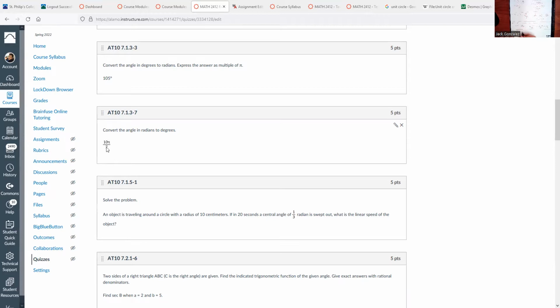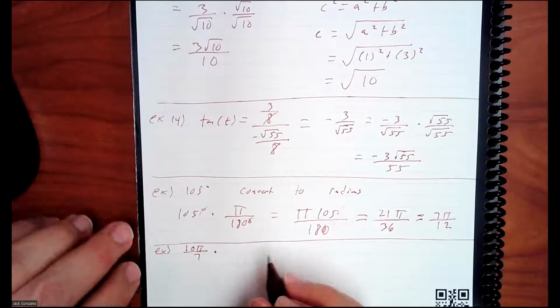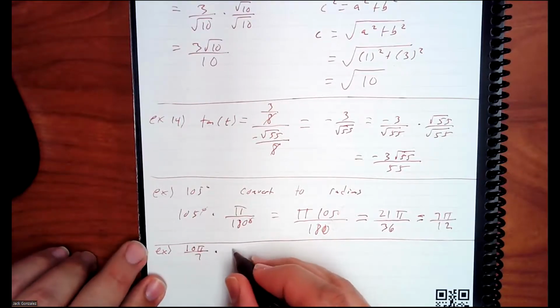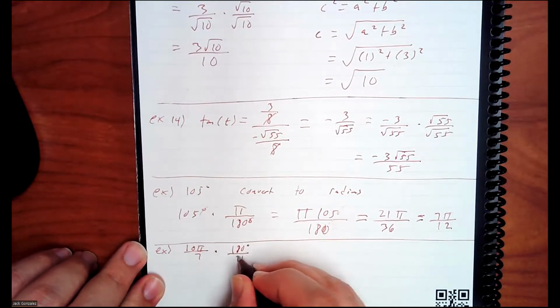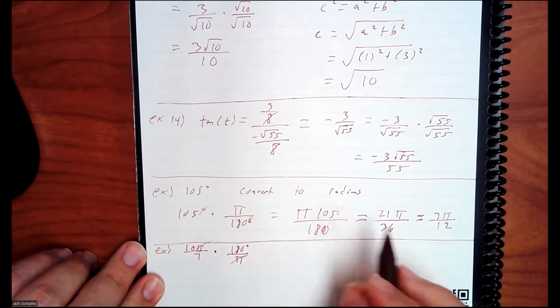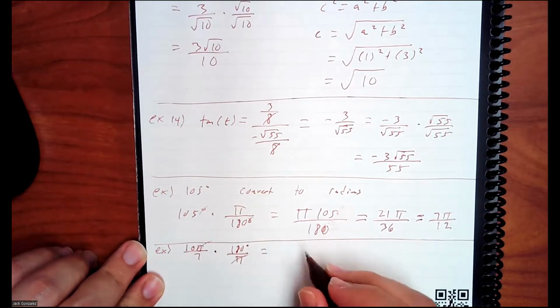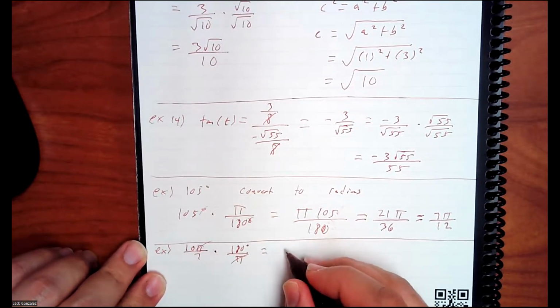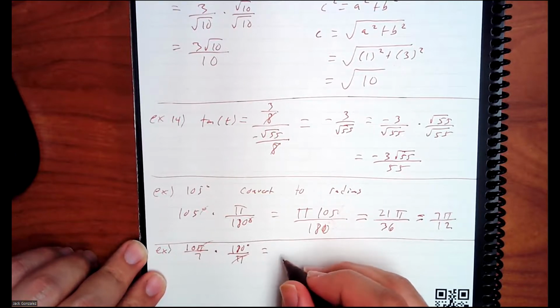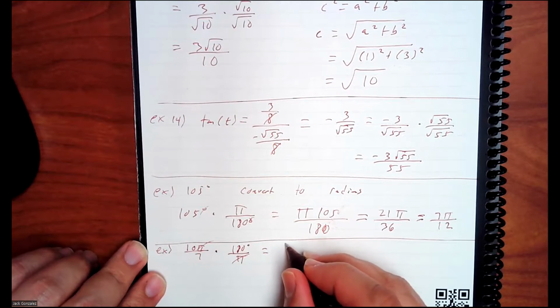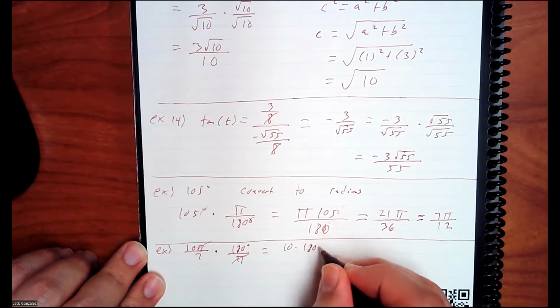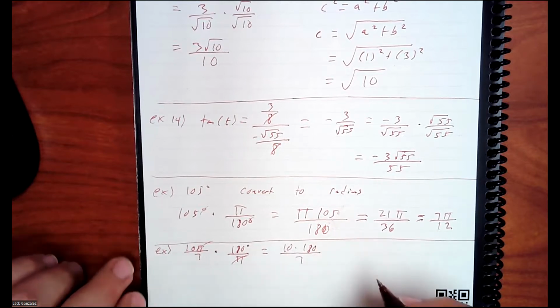So multiply by 180 over pi, and that's it. So that'd be 10 times 180 over 7.